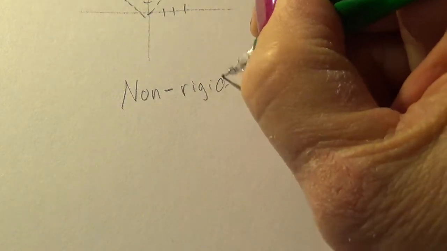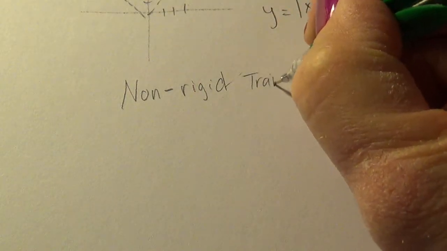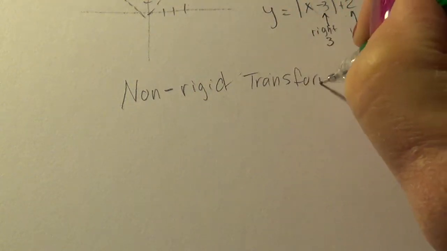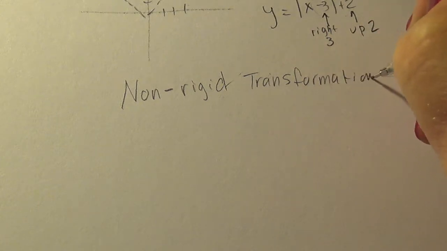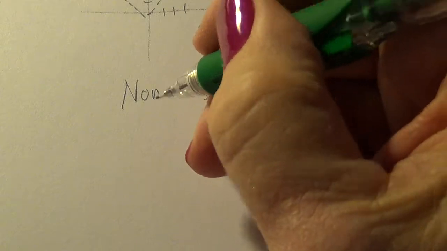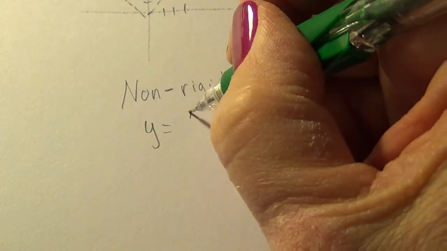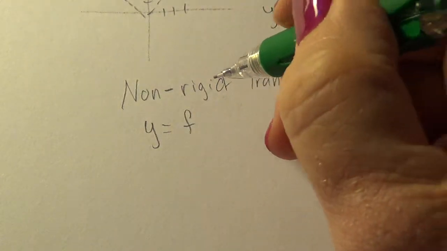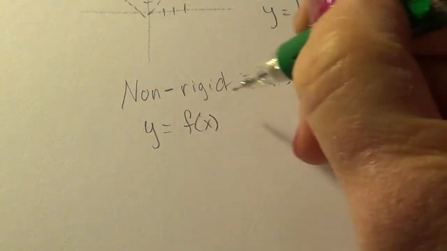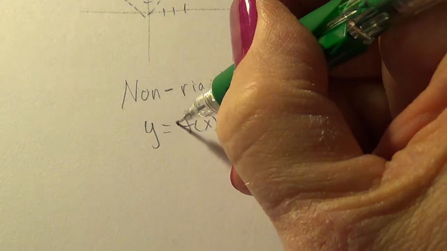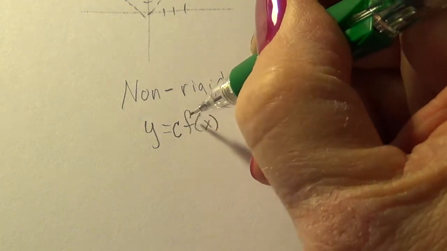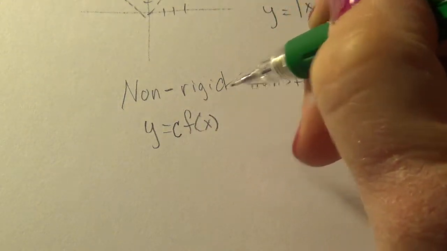Non-rigid transformations. These occur when the function, any function, I'm teaching it with the absolute value function, but it can be any of our parent functions, has a constant multiplied times the function.